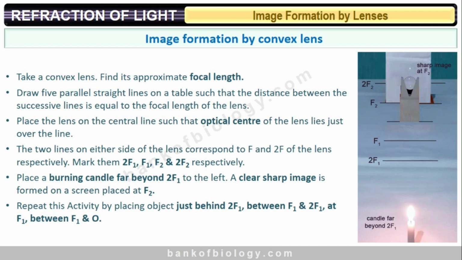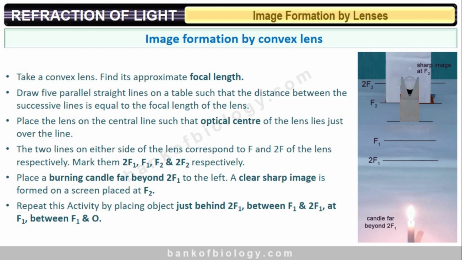Image formation by convex lens. Take a convex lens and find its approximate focal length. Draw five parallel straight lines on a table such that the distance between successive lines is equal to the focal length of the lens.